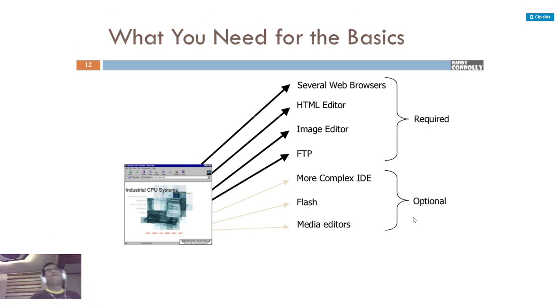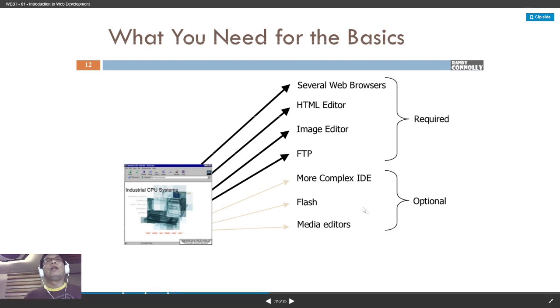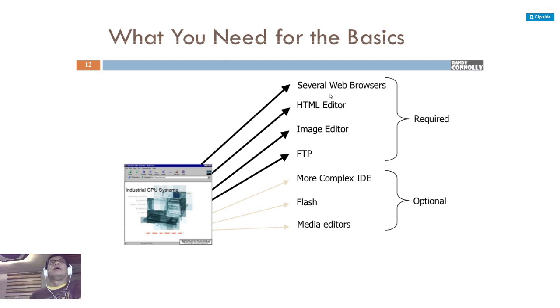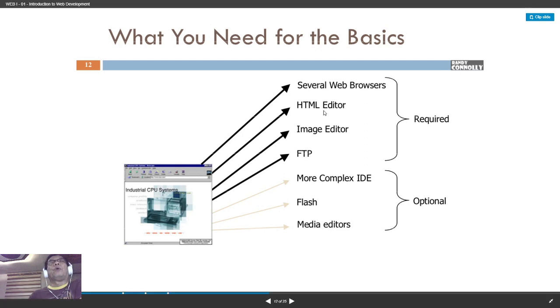So what do you need for the basics? If you want to develop web pages, first you have to have several web browsers, and an HTML editor or a text editor, like what I've said, maybe Notepad++.